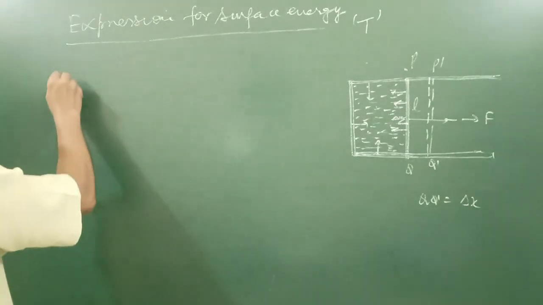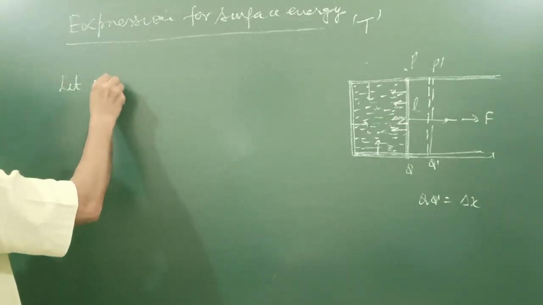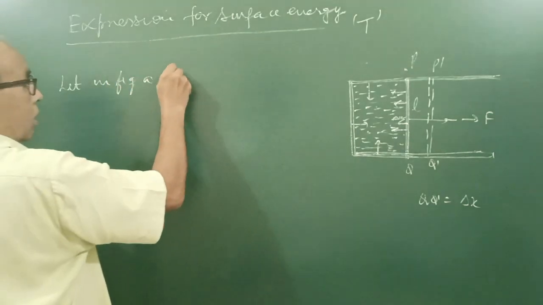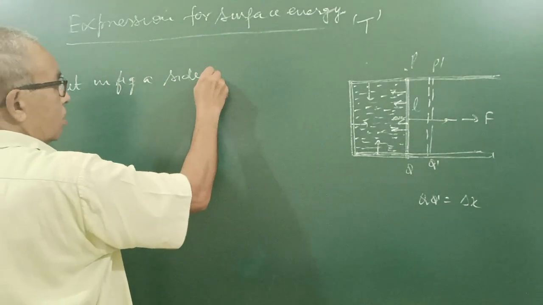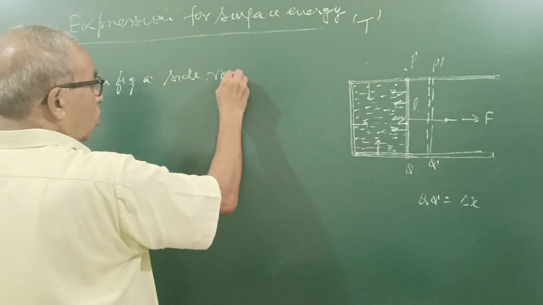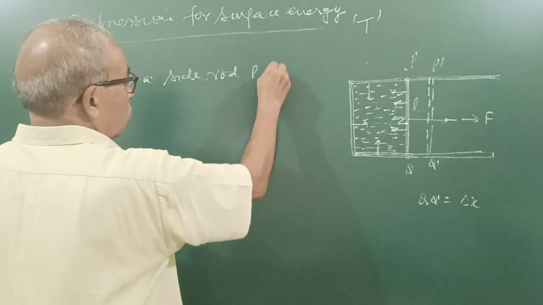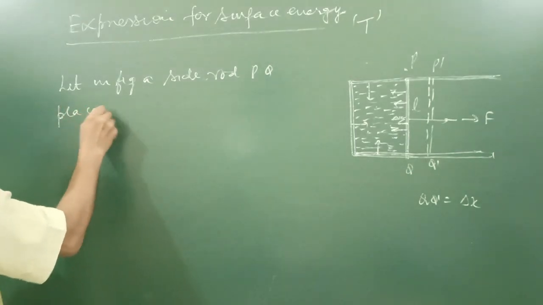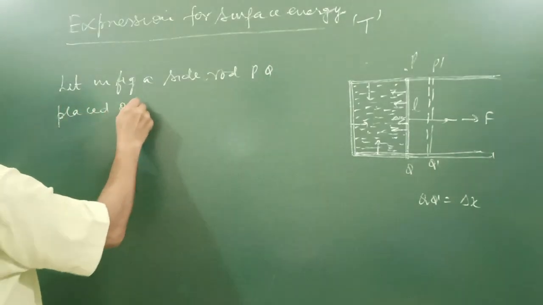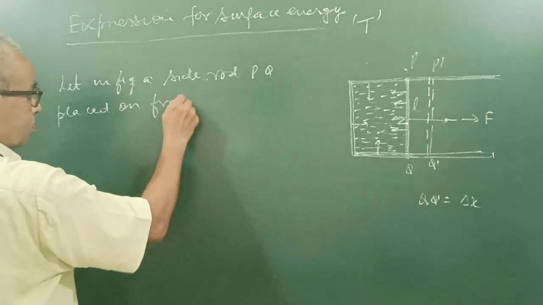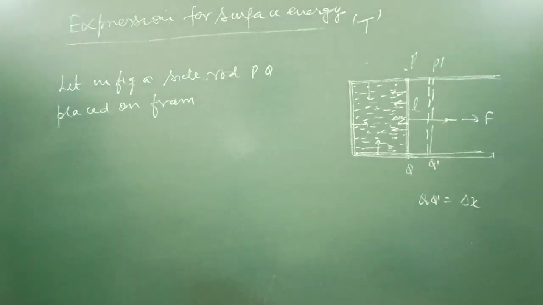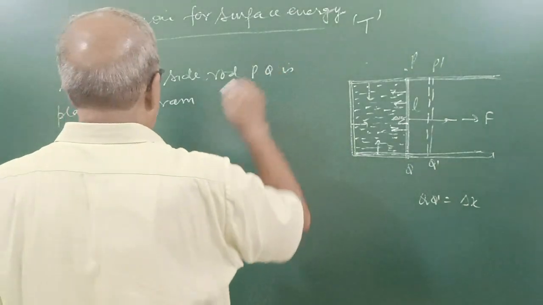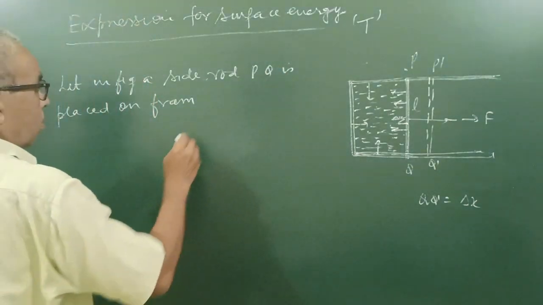So here, in the figure, a sliding rod PQ is placed on a frame.